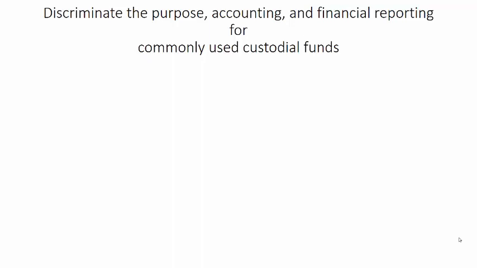Another one, which is a very predominant use of custodial funds, is when it's a tax custodial fund. And basically, a tax custodial fund is when the government is collecting taxes or some other type of revenue for several funds, and possibly for other governments too.